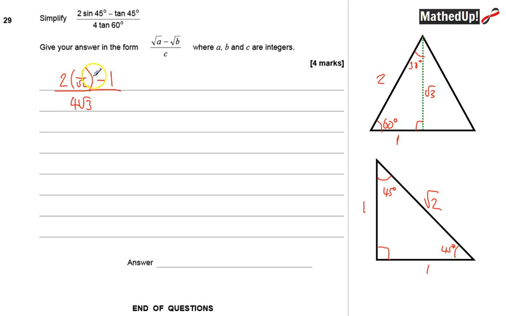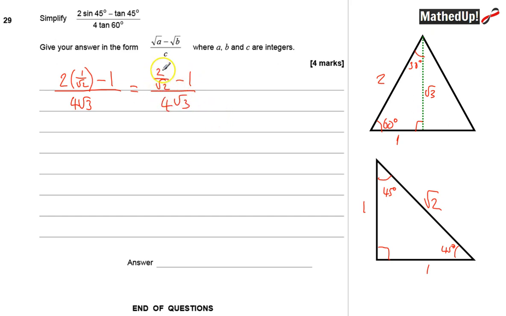Okay, so in order to simplify this part, first of all, I've got 2 divided by root 2. In fact, we'll write that down. So I've got 2 divided by root 2, because that's going to be 2 lots of 1 over root 2. Take away 1 divided by 4 root 3.